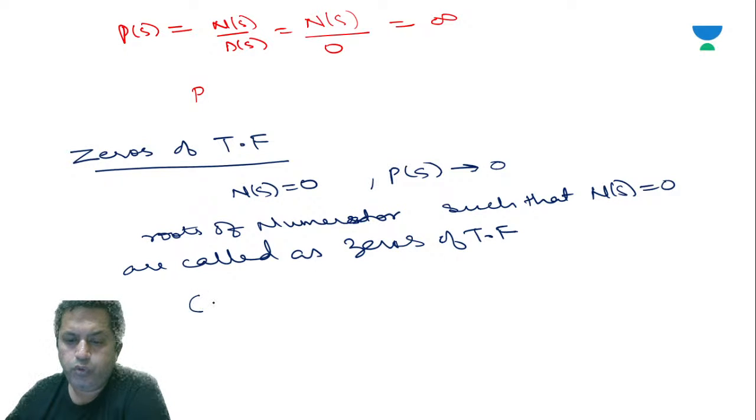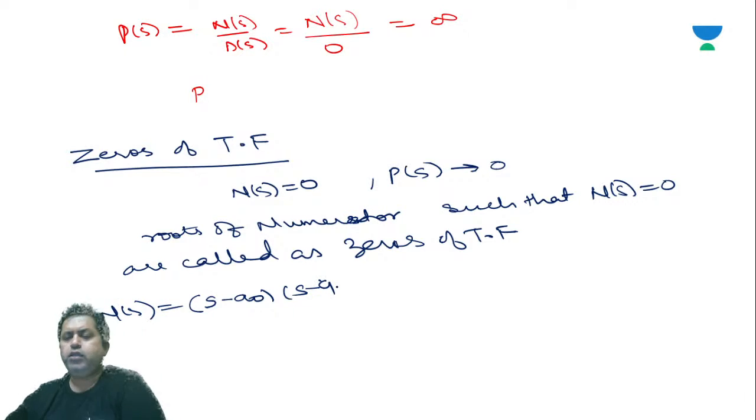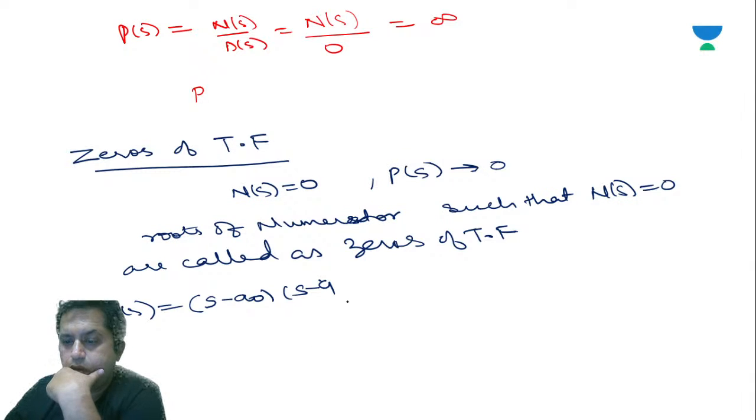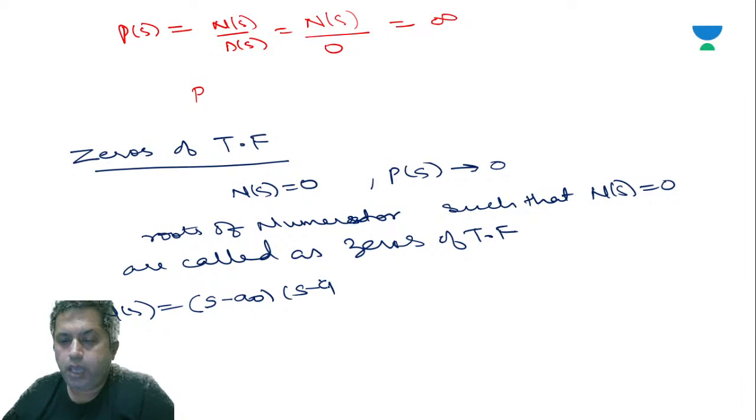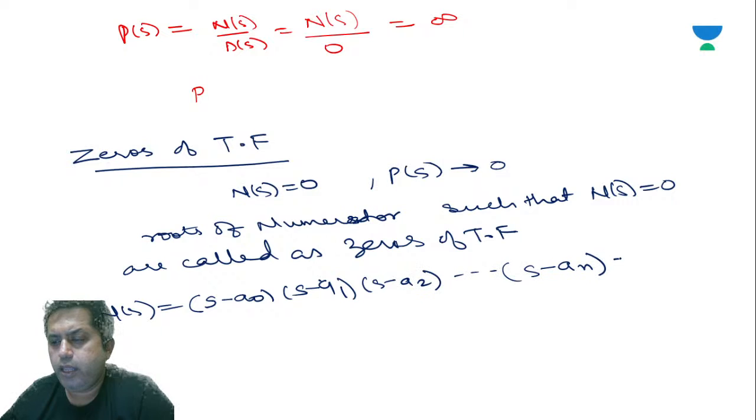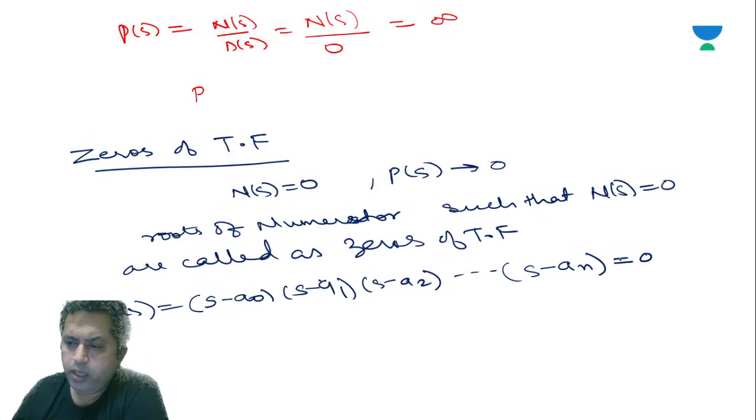The numerator polynomial is (s minus a0)(s minus a1)(s minus a2)(s minus an) equal to 0.